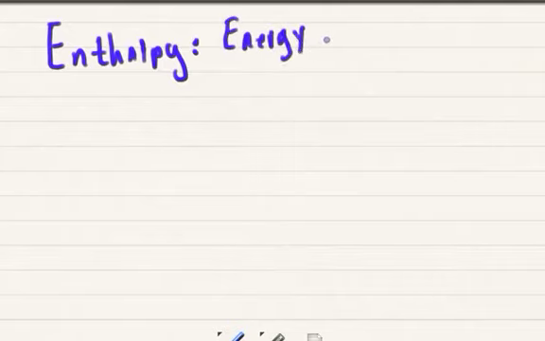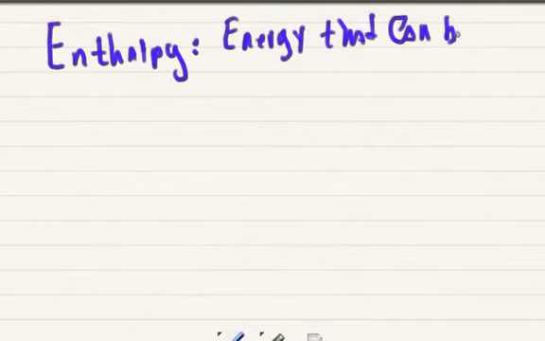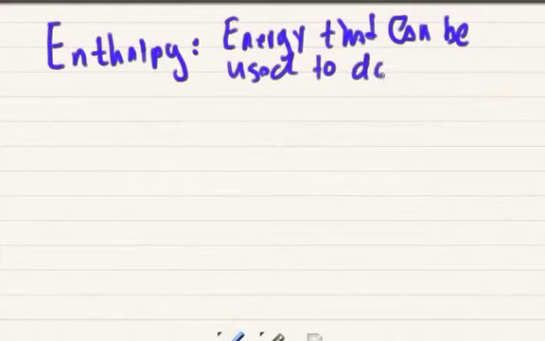the energy that can be used to do work. That's enthalpy.